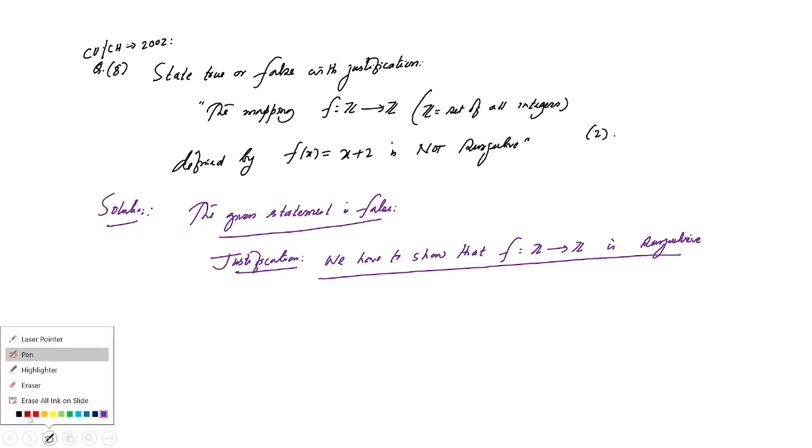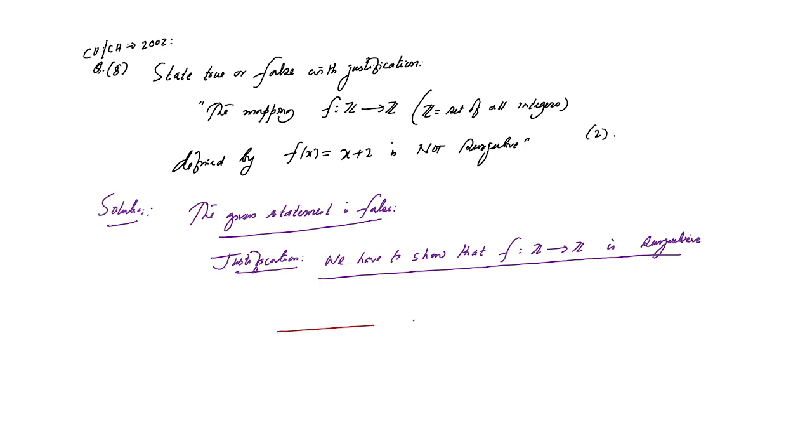So we have the set of integers, 0, 1, -1, -2, and another set, the codomain, which is Z. Here the map is x goes to x + 2, so that will be 0, 1, 2, -1, -2, -3.